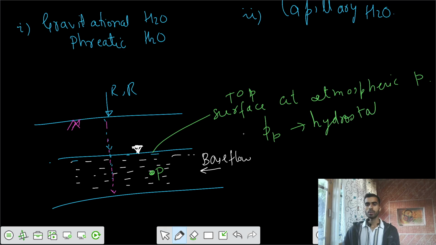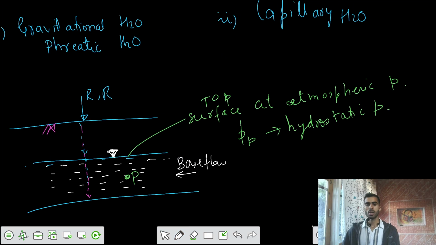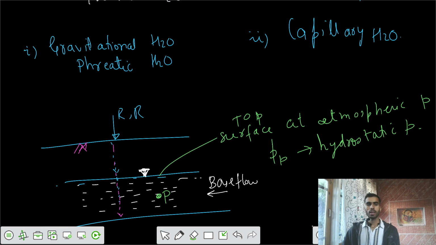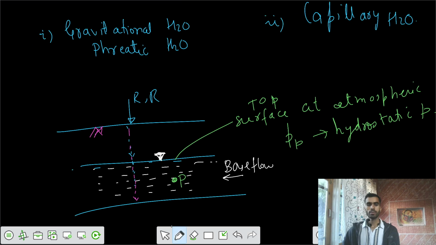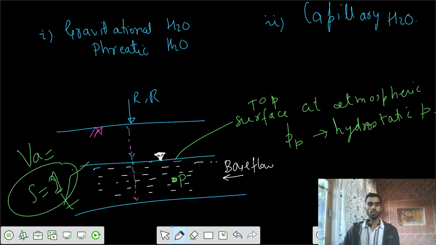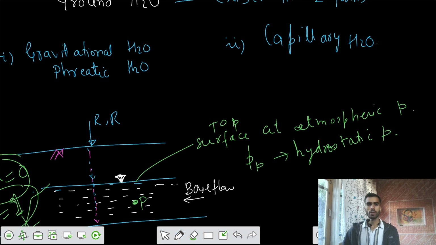That's the actual gravitational water. For this soil, the degree of saturation is equal to 1, so the volume of air is equal to 0 in the soil mass.